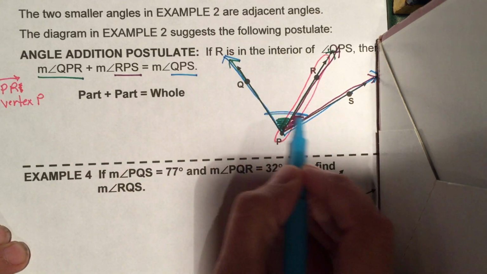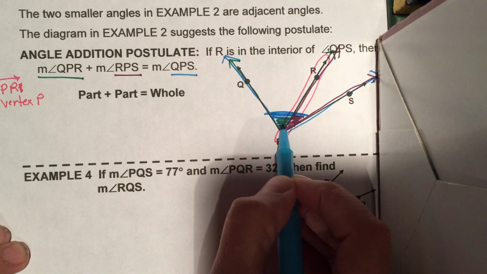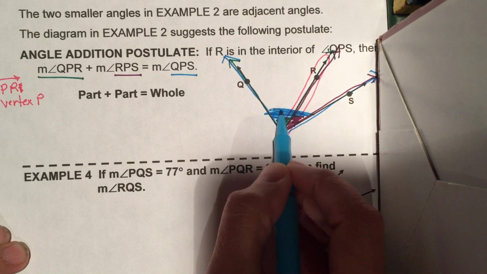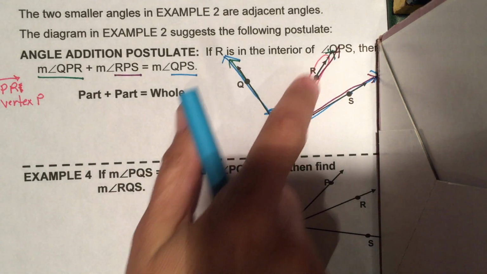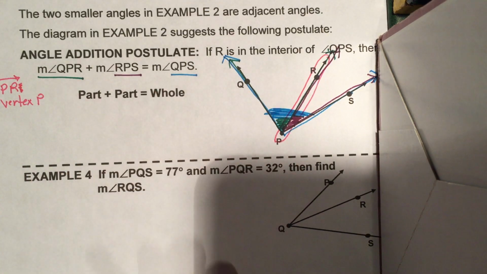So you can see green plus purple is going to equal blue. That's the angle addition postulate, and that only works with adjacent angles. They share a side and a vertex, and they don't overlap.